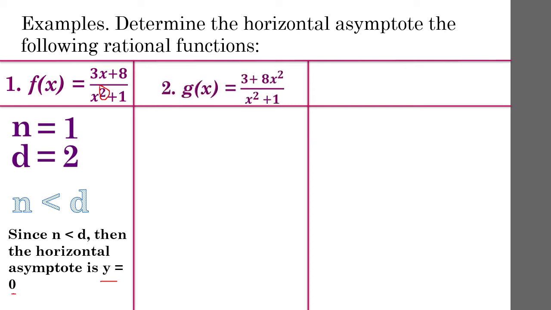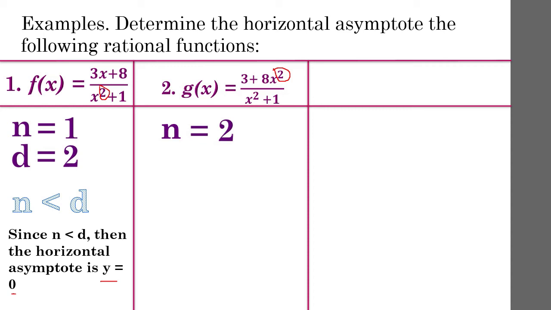Next, g of x equals 3 plus 8x squared over x squared plus 1. Let us determine first the degree of the numerator. What is the highest exponent in the numerator? We have 2 as the highest exponent. Therefore, the degree of the numerator is equal to 2.